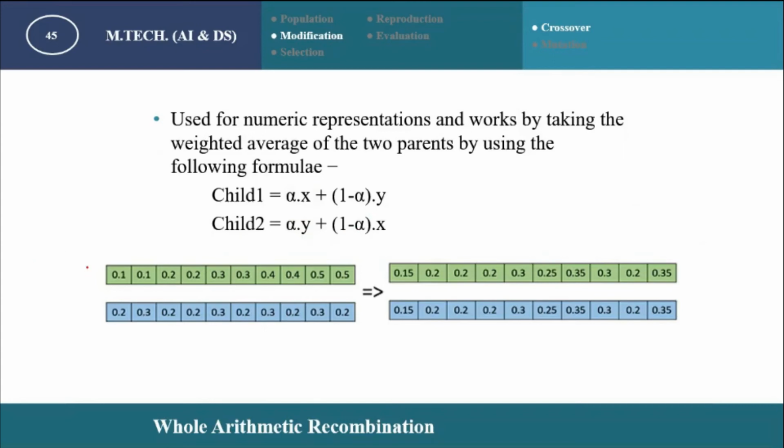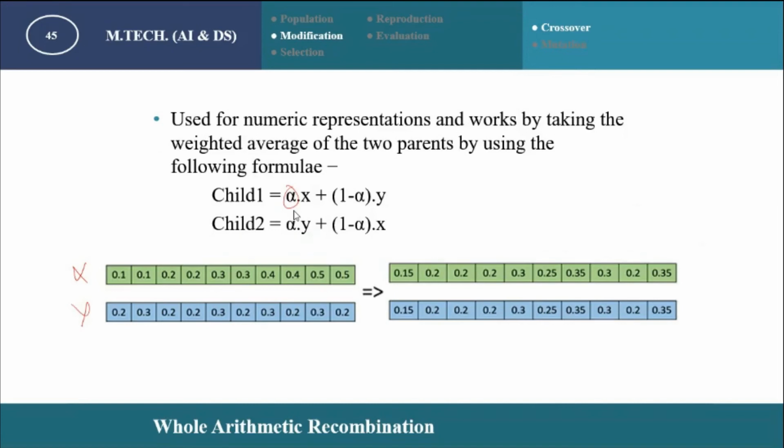So this is x and this is y. We take some constant alpha. Alpha can be 0.1, 0.2, etc., or 0.9, depending on our problem or our instance of the problem. We can define the value of alpha.